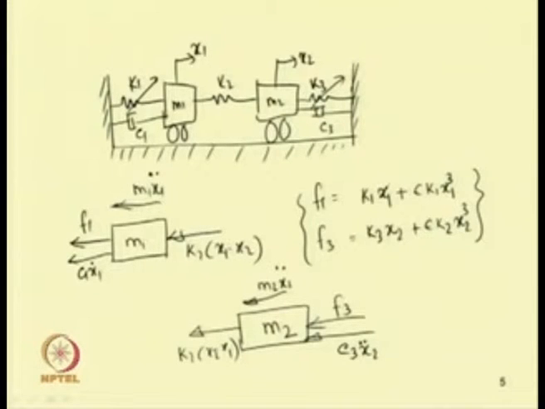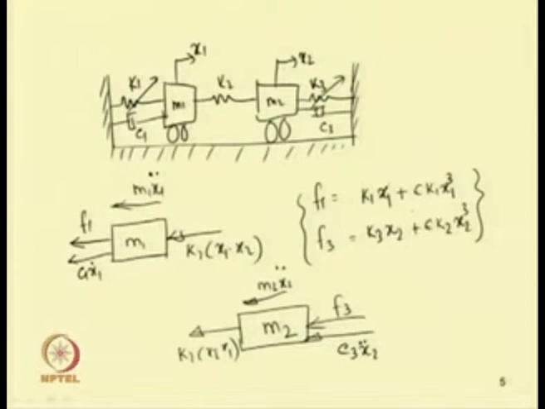x1 double dot plus f1. So, for f1 I can write this equation in this form, that is k1 x1 plus epsilon k1 x1 cube. So, this is f1, then plus c1 x1 dot.